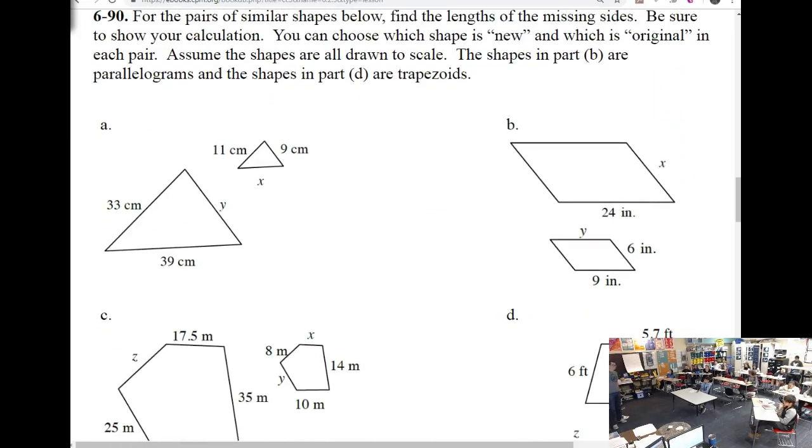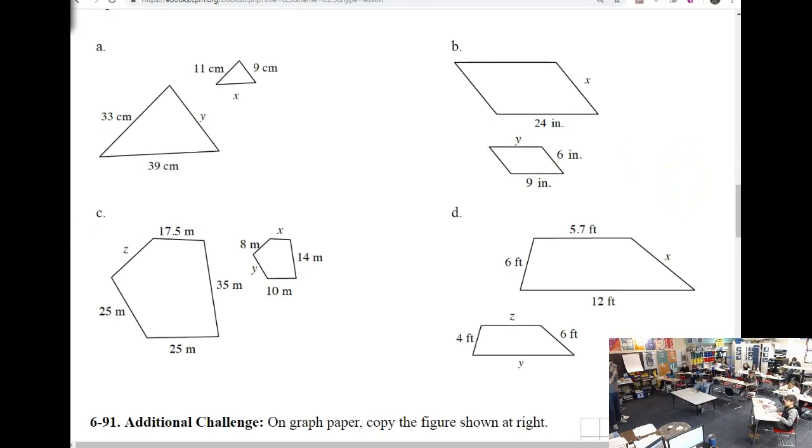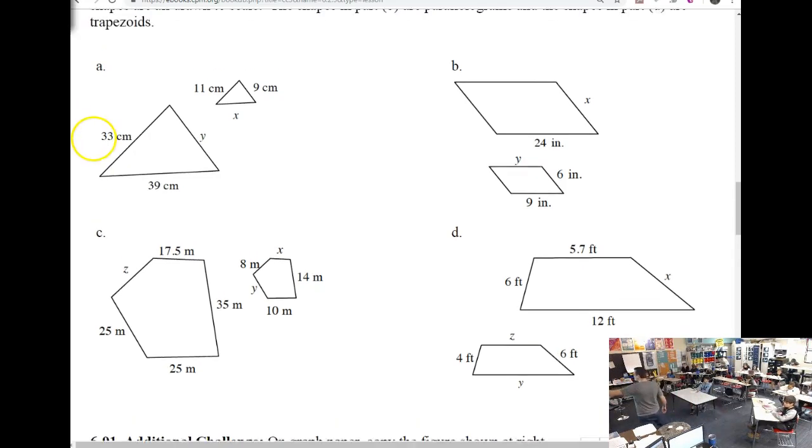So, solve all these. Challenge. Wait, which one's the original? Doesn't matter. I'm not asking you for the scale factor. Oh, right. Oh, wait. Again, it's not gross. It's beautiful.